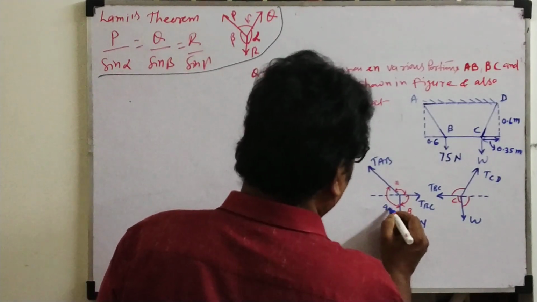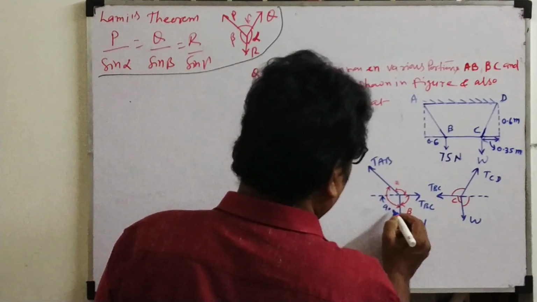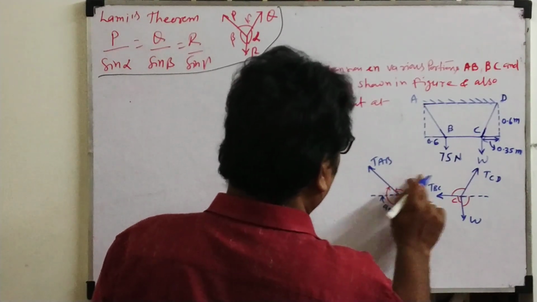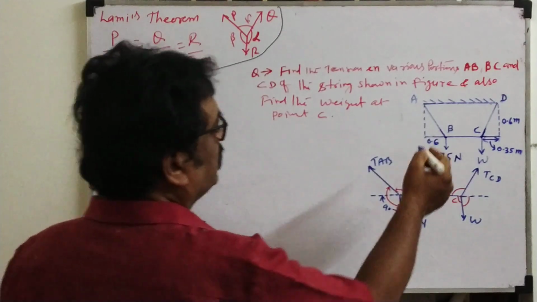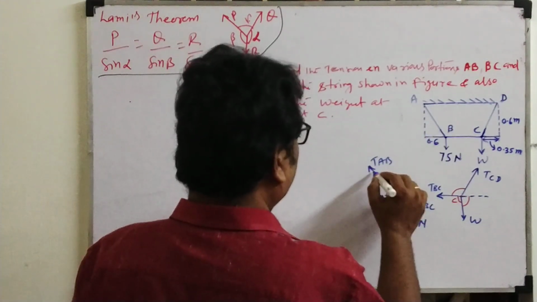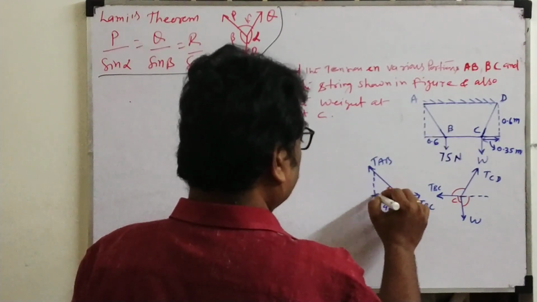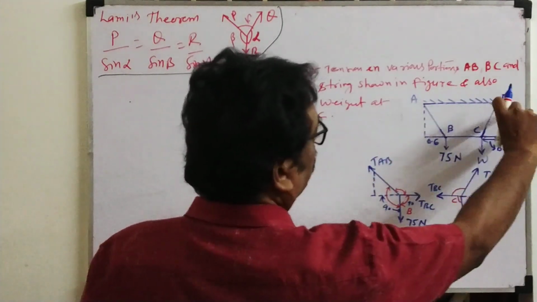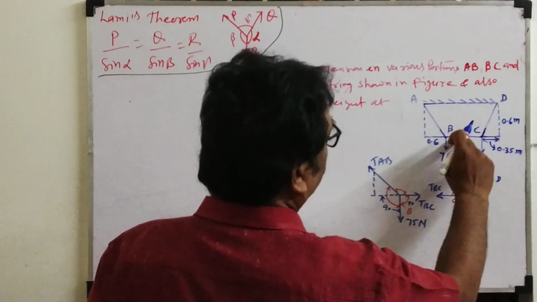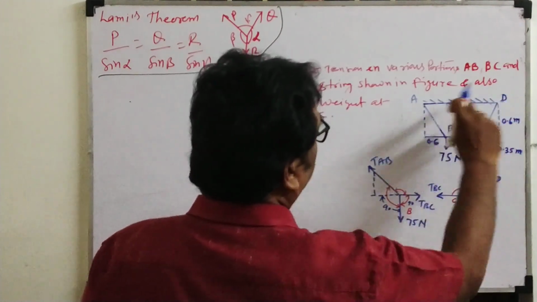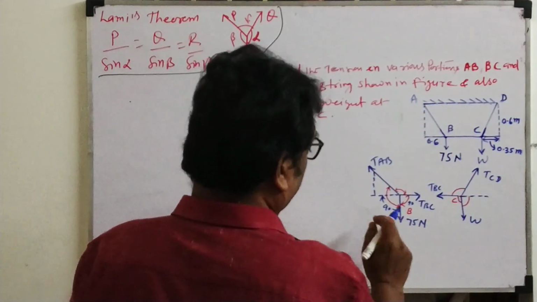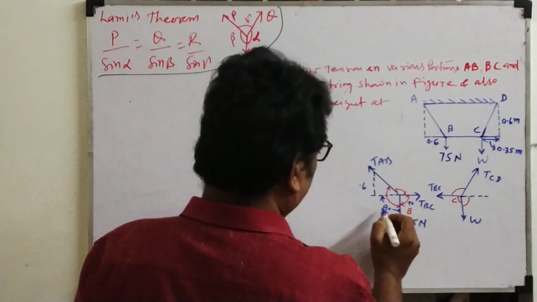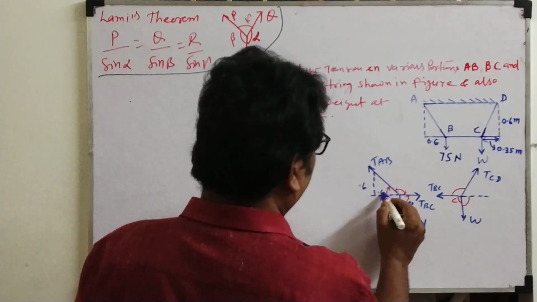This angle I know, 90. This also you know, 90. This only I don't know. Some information is given. If we draw the construction, this length is given as 0.6 meter. This length equals this length because AB and CD are parallel. So here we write 0.6, and this length is also 0.6.